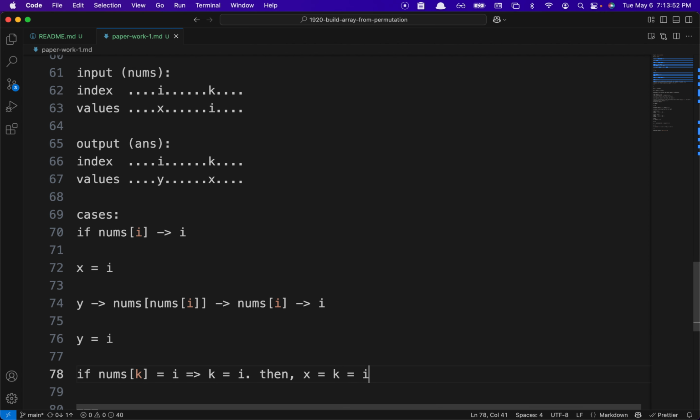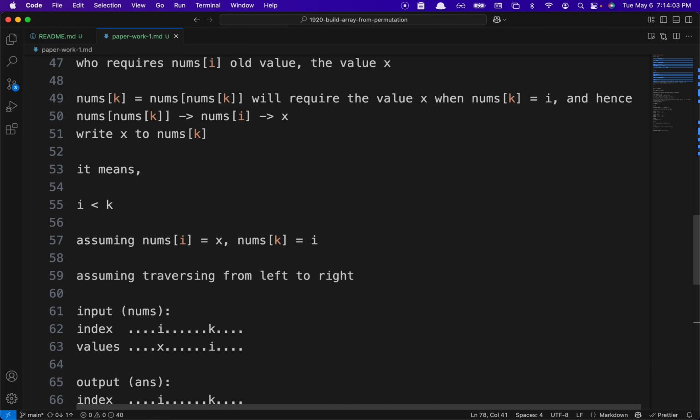All the three are equal. So if nums of i is i, then you can just go ahead and write it. It won't be used anywhere else.